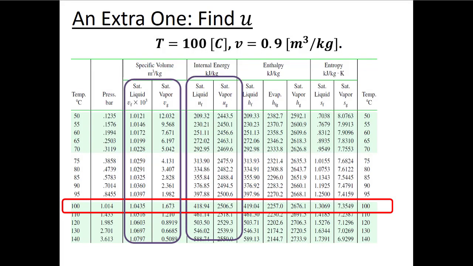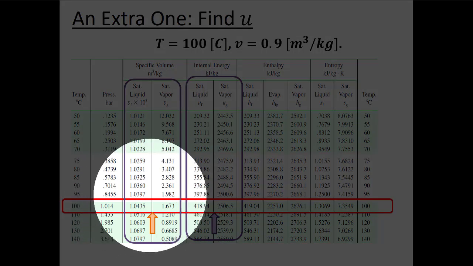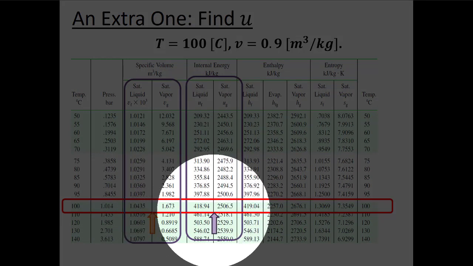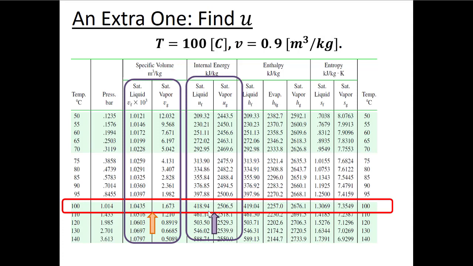So my number is between 1 over 1,000 and 1.673. So I know that I'm somewhere in between those numbers, which tells me that I have a two-phase mixture. But I don't have the quality yet, right? But if I can get the quality from the specific volume, then I can use that quality to find the specific internal energy.